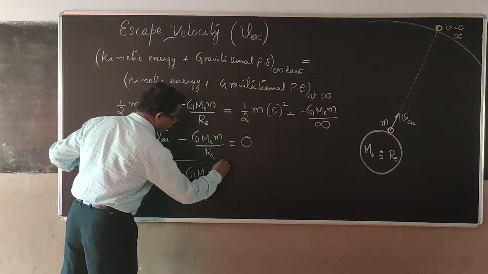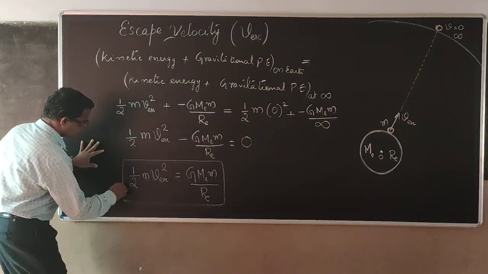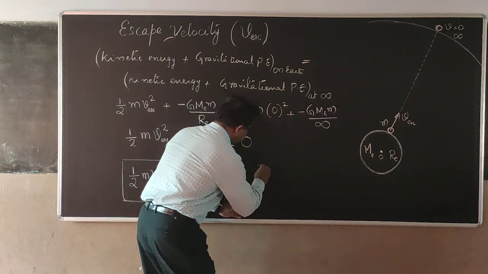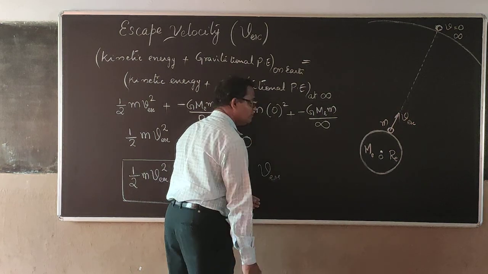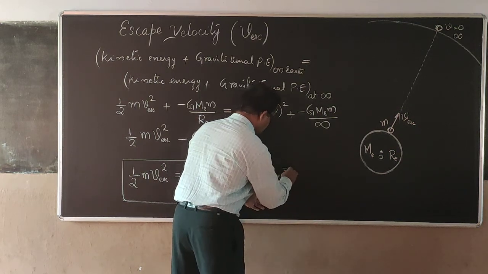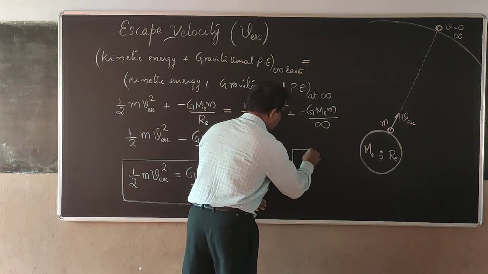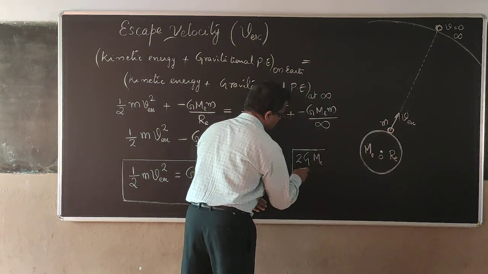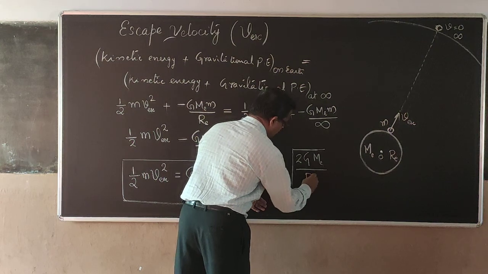This is a very important relation. And from this you get v escape from the surface of the Earth equal to root of 2 G Me divided by Re.